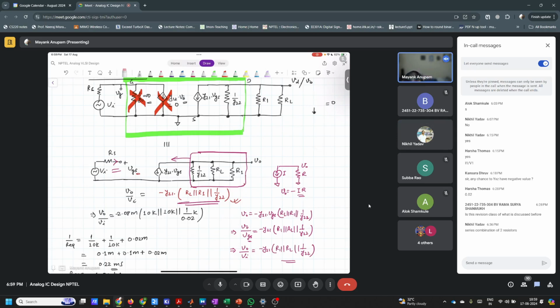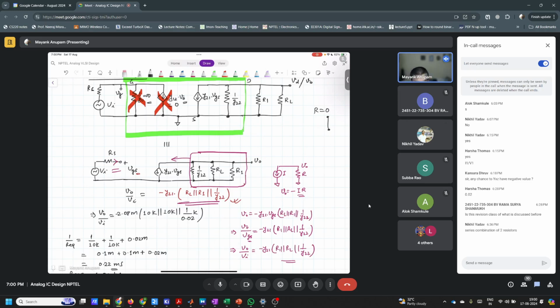Similarly, if you want to say that there is a short circuit, it means this R is equal to 0. There is zero resistance between these two terminals, which means it's a short circuit. If somewhere you find R is equal to 0, it's simply a short.